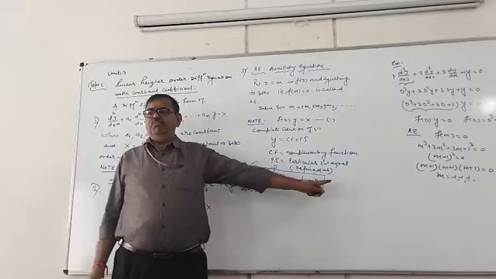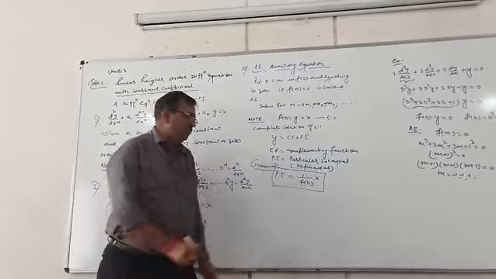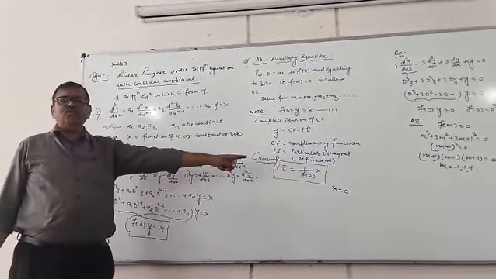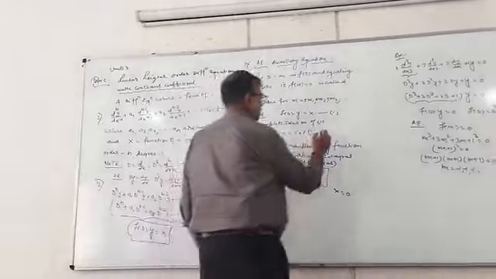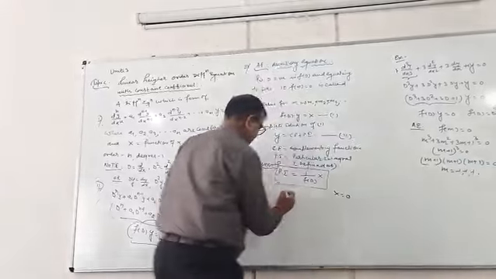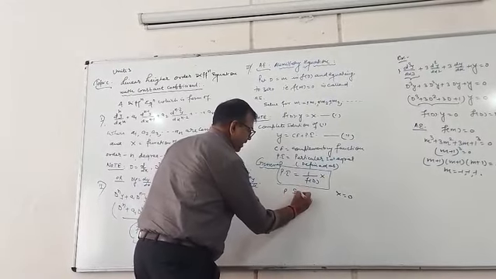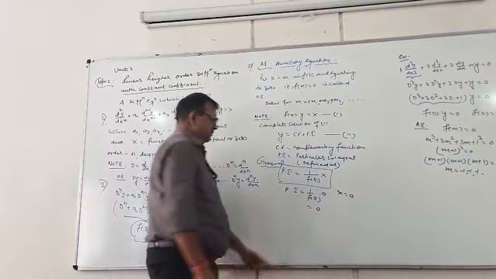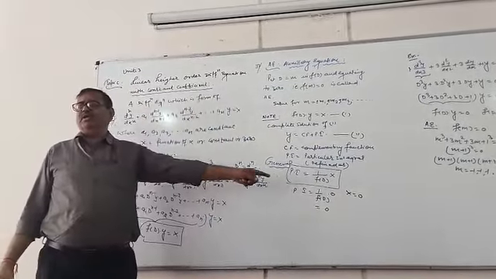Suppose X equal to 0. So from equation 2, PI equal to 1 upon f(D) into 0 equal to 0. So the particular integral must be 0.